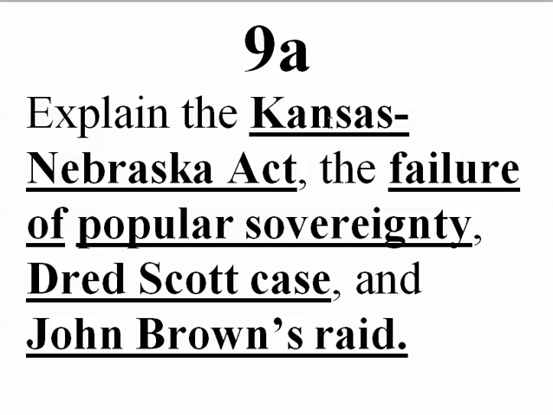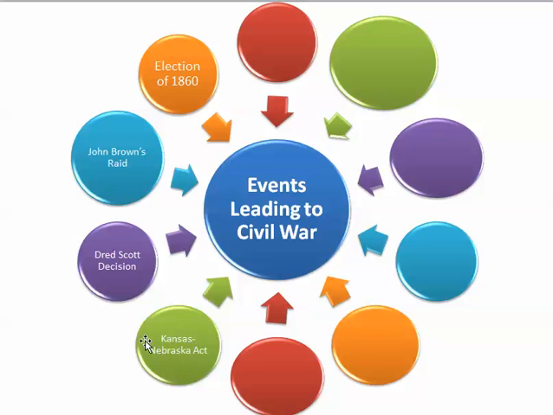So we're going to talk about the Kansas Nebraska Act, the failure of popular sovereignty connected to that, the Dred Scott case, and John Brown's raid, all in this video. It's going to be a little bit longer. All of these are causes or events that lead us to a Civil War. Okay?